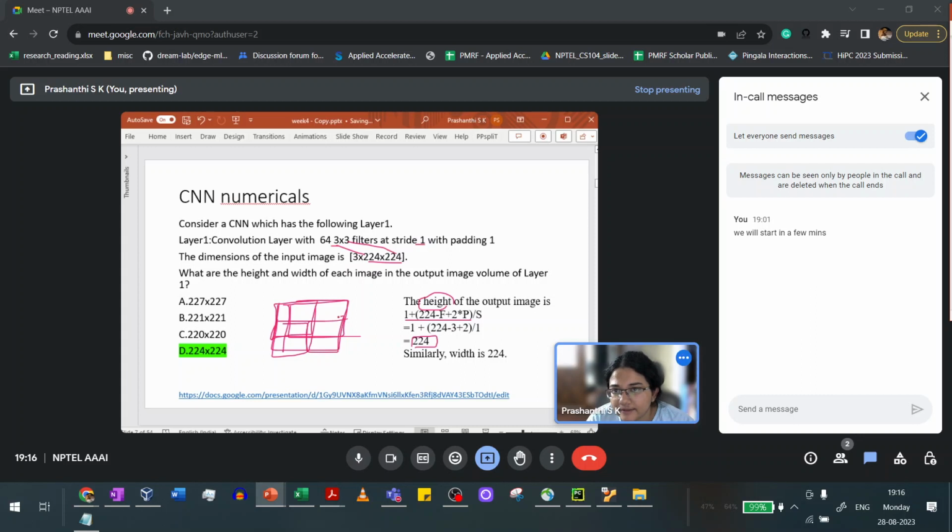Something like this. So you can calculate the output sizes based on this. This amount by which the filter moves is called the stride, right? So the stride in this example was 1. The stride could have also been 2, and that's the definition of the stride.